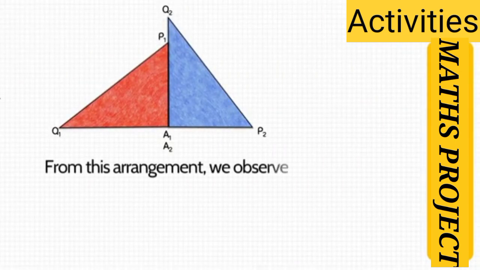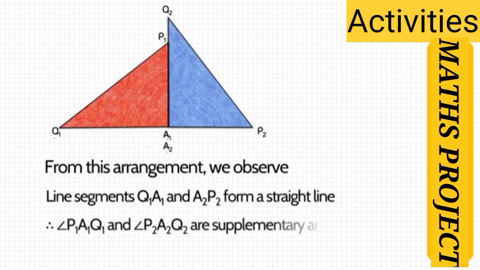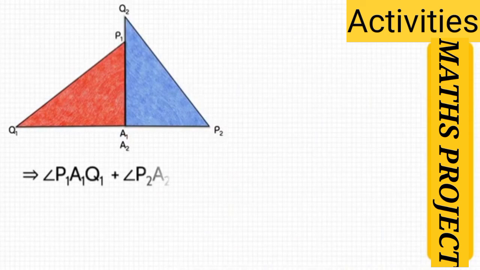So students, from this arrangement, we observe that line segments Q1 A1 and A2 P2 form a straight line. Therefore, angle P1 A1 Q1 and angle P2 A2 Q2 are supplementary angles. This means their sum is equal to 180 degree.